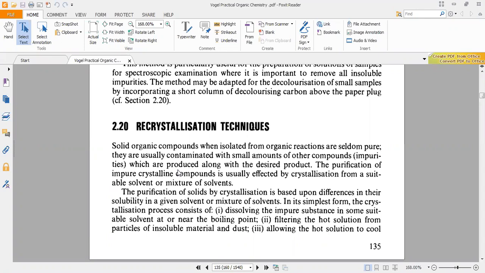Because if it does have some reactant, it may interfere in the next reaction. And sometimes, as you will see later, more than one product or more than one isomer is formed. In that case, we are also supposed to separate them. It is not supposed to be a mixture of both.